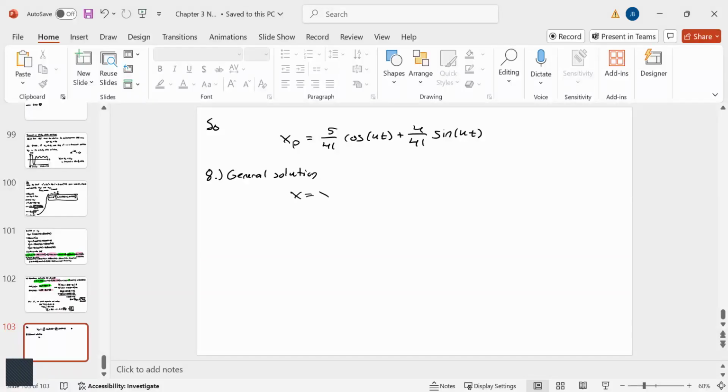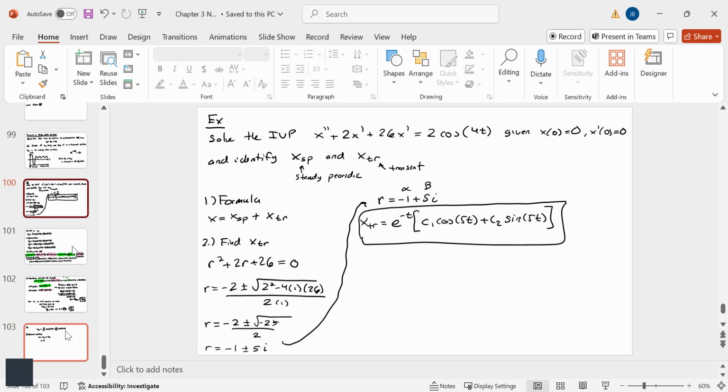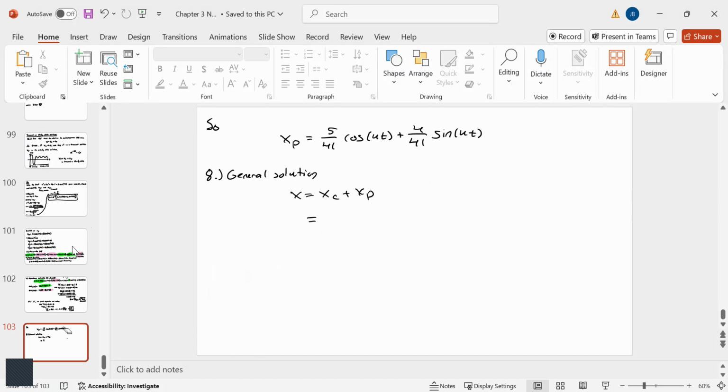So x equals xc plus xp, which is equal to, if we think back, we have c1. I forgot. c1 cosine 5t. All right, e to the negative t, c1 cosine 5t plus c2 sine 5t plus 5 over 41 cosine 4t plus 4 over 41 sine of 4t.